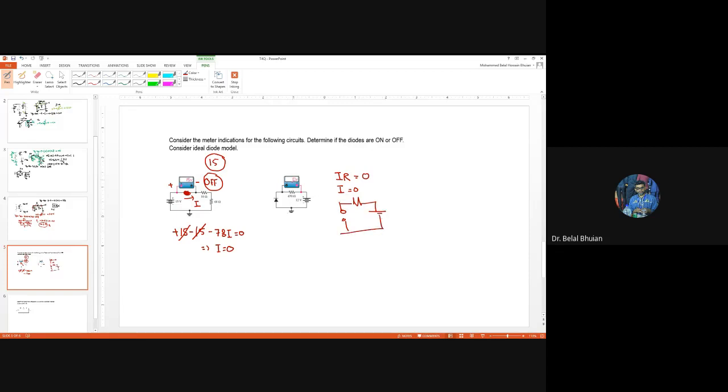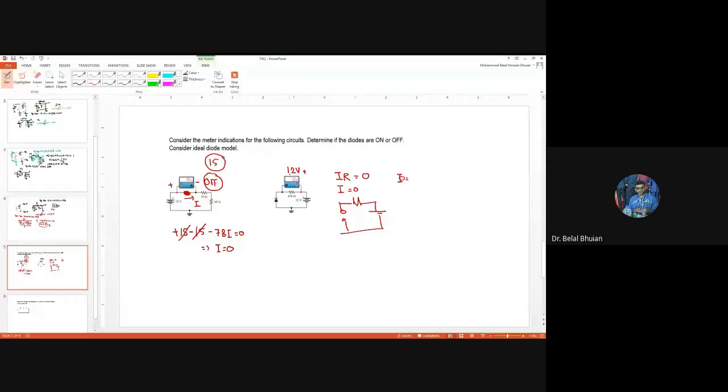For example, instead of 0 volt, you get some value of current. So let's say I is equal to some value, and we find V is 12 volt.